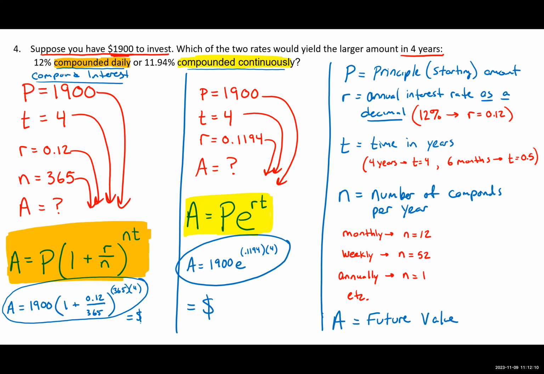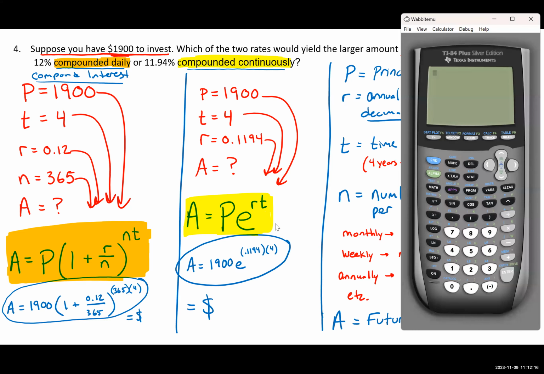We're just looking for which one gives us a bigger number. So for the first one, let's do 1900 parenthesis 1 plus 0.12 divided by 365, close parenthesis, raised to the power of 365 times 4.